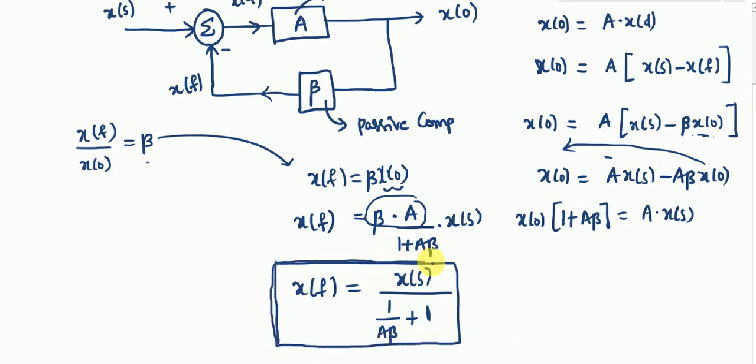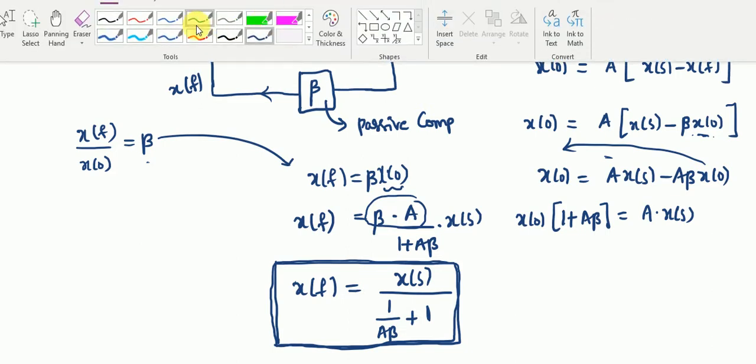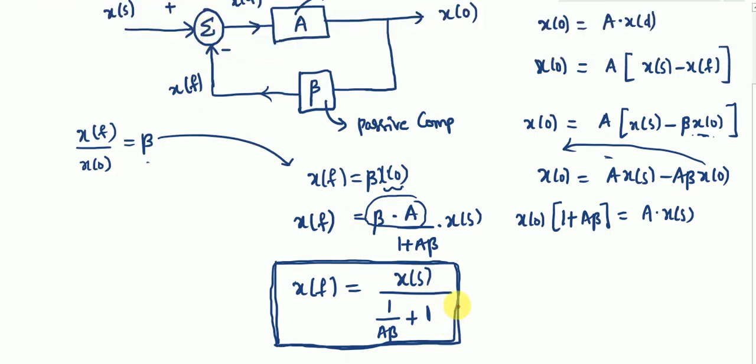Now let's get somewhat theoretical. Let me change the color of the pen. Okay. Now if you look here, if the loop gain A beta is much greater than 1, then X of F is approximately equal to X of S. Then X of D, this difference, will be very small.